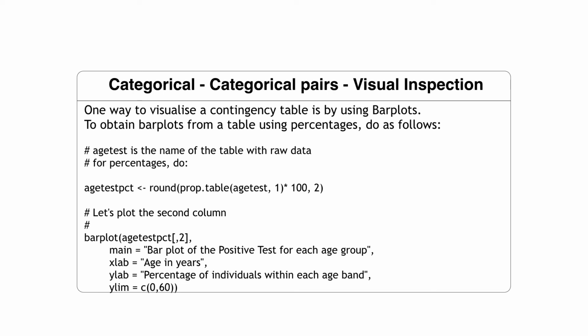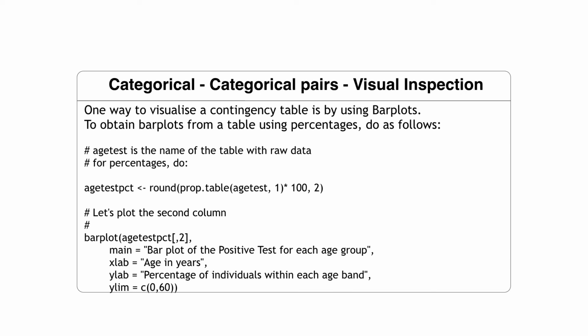But in this particular case, we're interested in the row percentages, so we'll say 1. And then we multiply it by 100 because rather than proportions, we want percentages, and then we round it off to 2 decimal places. And then it stores everything into another object called HTestPCT, and then we subset that object as before with the second column, and we plot it.